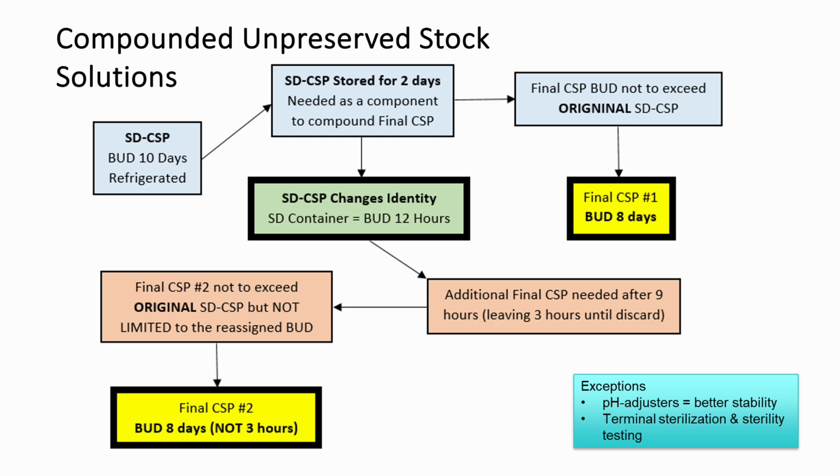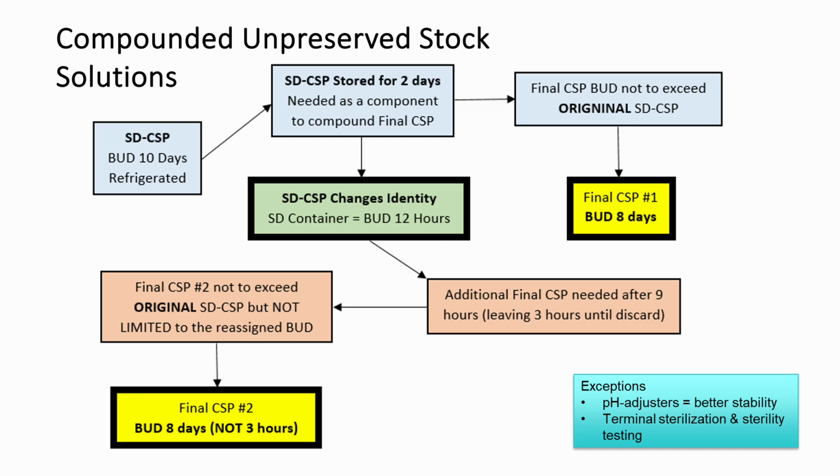Again, to either use as a component in another CSP or to draw out individual doses. We're able to do that, and the new final CSP beyond use date, again, cannot exceed the original beyond use date of the original stock solution, again, which would be 8 days.